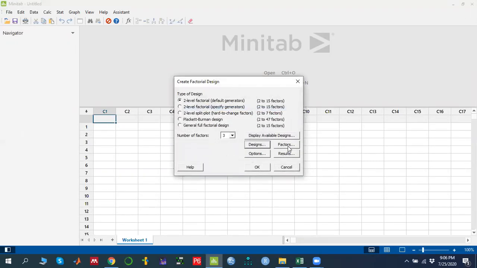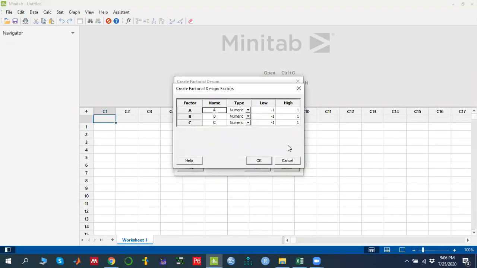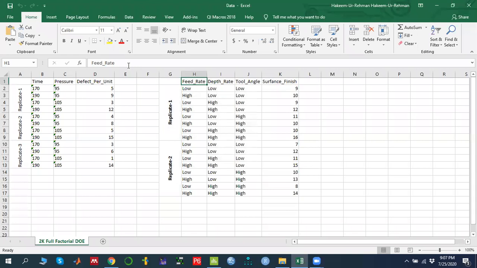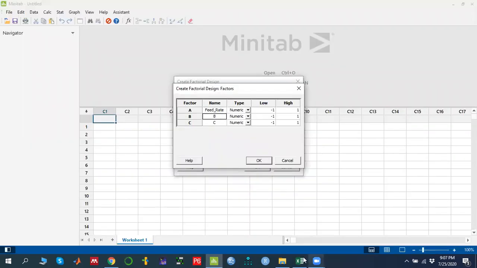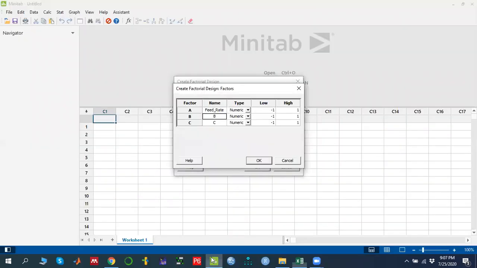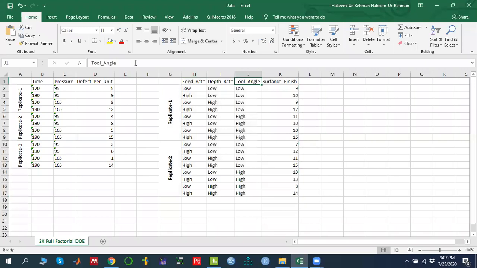So press OK, and then we will click on Factors. Factor A is the feed rate. The second one, factor B, is the depth rate, and the third one, C, is the tool angle.